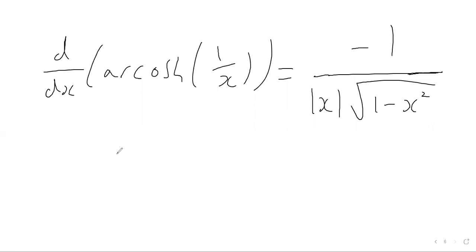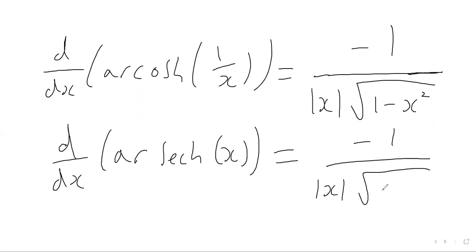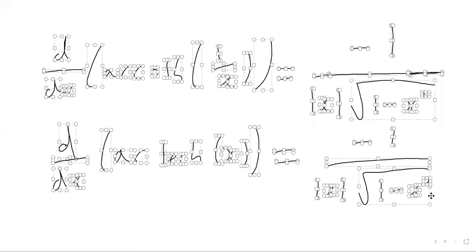However, what you will actually notice if you saw the previous video is that when we differentiated the function arsech of x, we got exactly the same result. So we got negative 1 over the modulus of x multiplied by the square root of 1 minus x squared. So we got exactly the same thing with this.